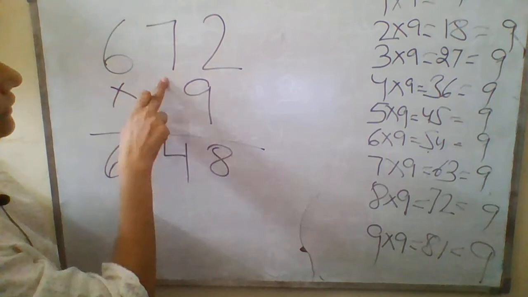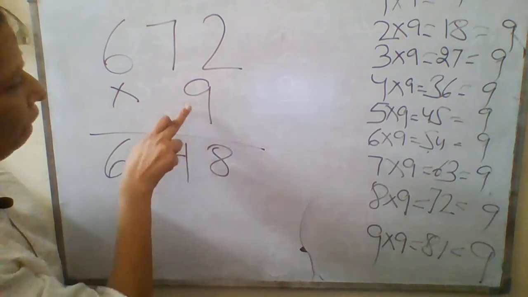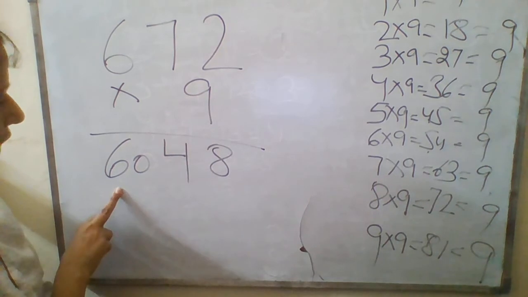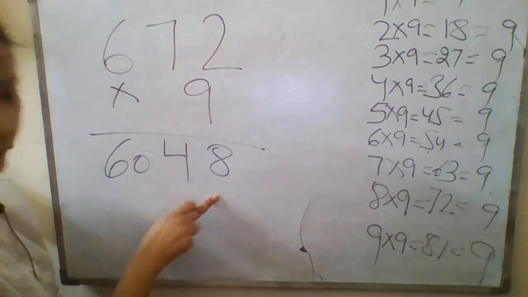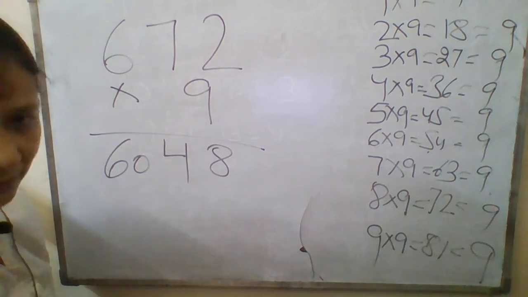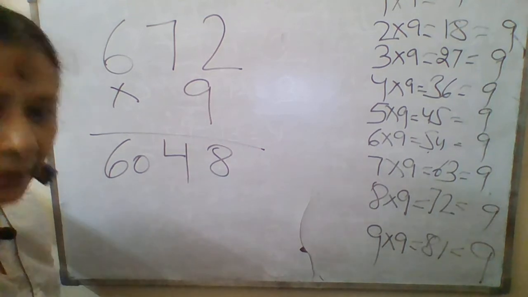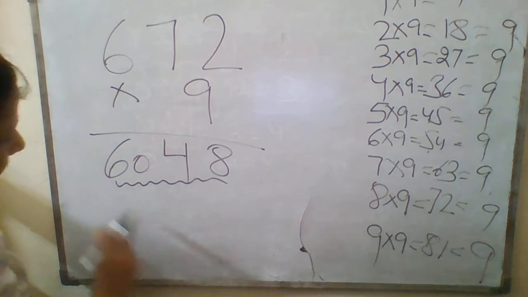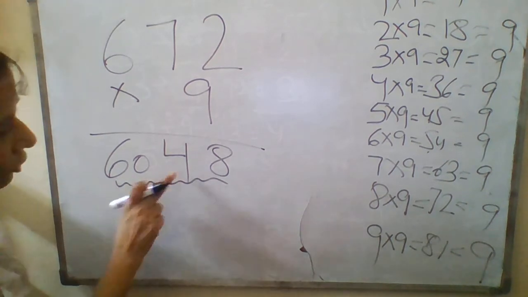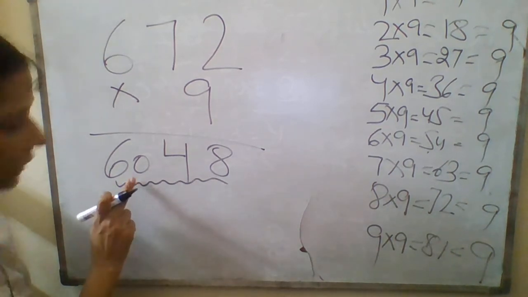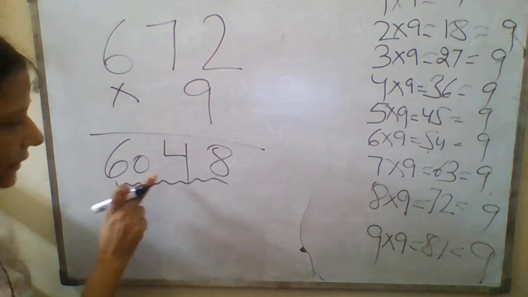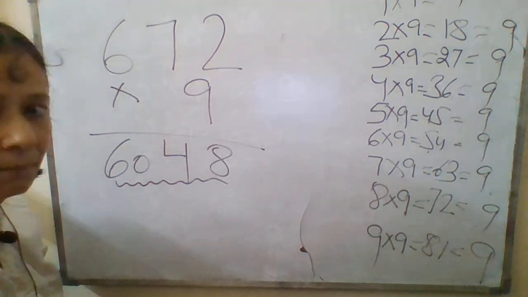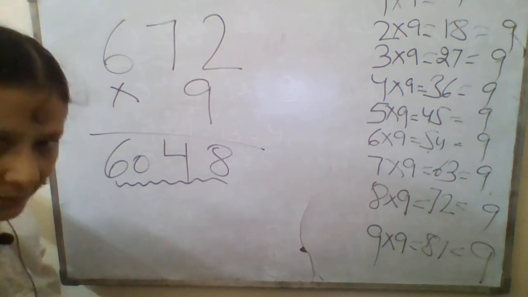This is 672. If I multiply it by 9, what will I get? I will get 6048. Now this is the result. How will you get 9 as DR? You have to add all these digits. 6 plus 0 is 6, 6 plus 4 is 10, 10 plus 8 is 18.